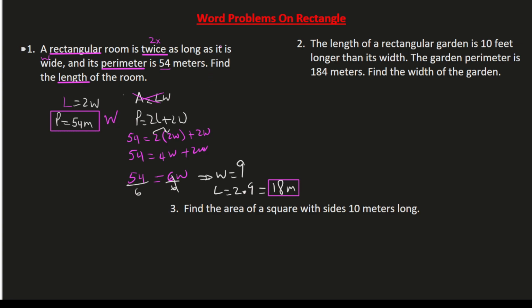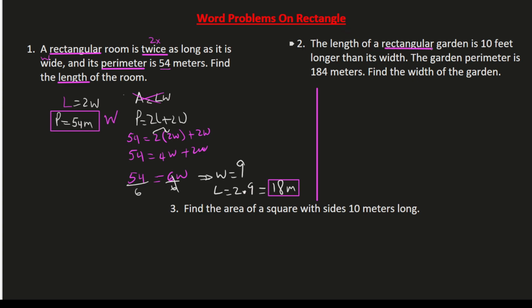All right, let's go and work with the other one. We're going to solve the other one. We get, the length of a rectangular garden is 10 feet longer than its width. The garden perimeter is 184 meters. Find the width of the garden. It's the same thing.